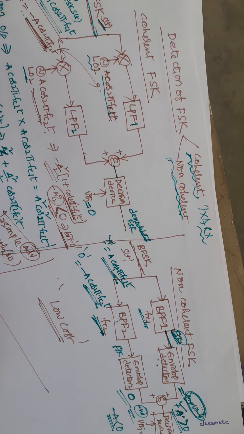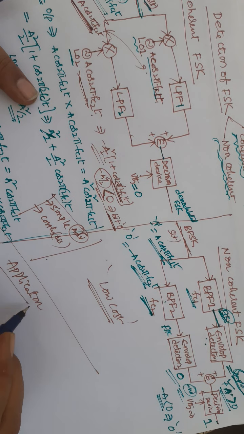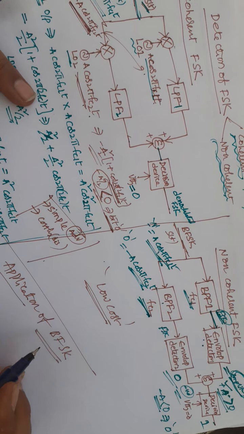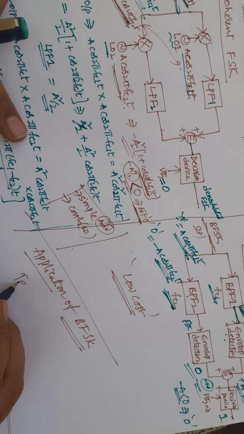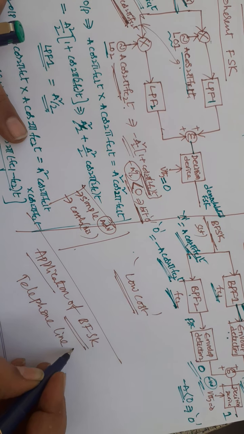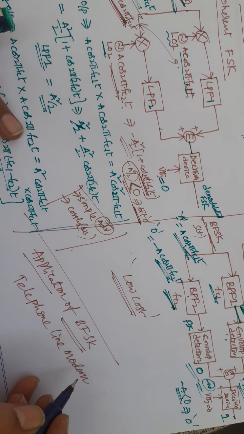The applications of BFSK: it is used in telephone line modems, used for FSK transmission.